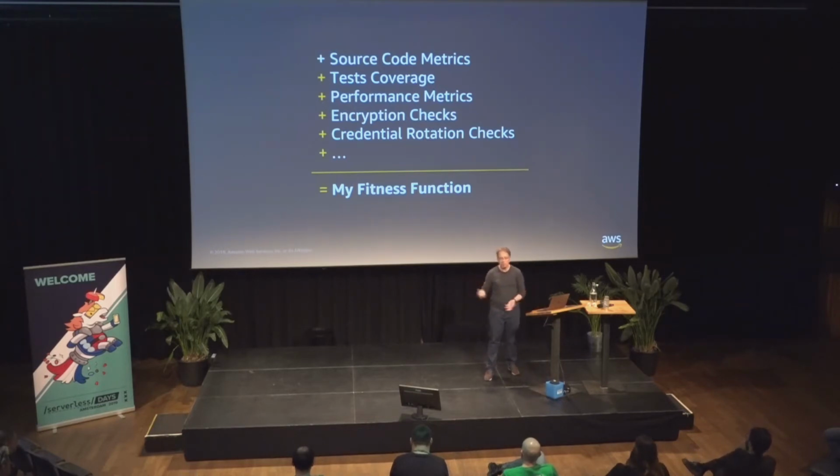So at any point in time, I can compute a fitness function. The absolute value of the fitness function is not telling me anything, because it's some value that I define myself. But when I do it multiple times, the variation of the fitness function going up or down is telling me if I'm going in the right direction or not.